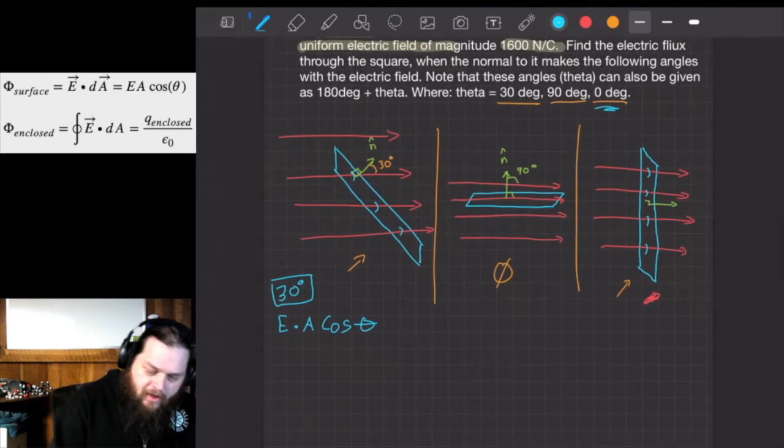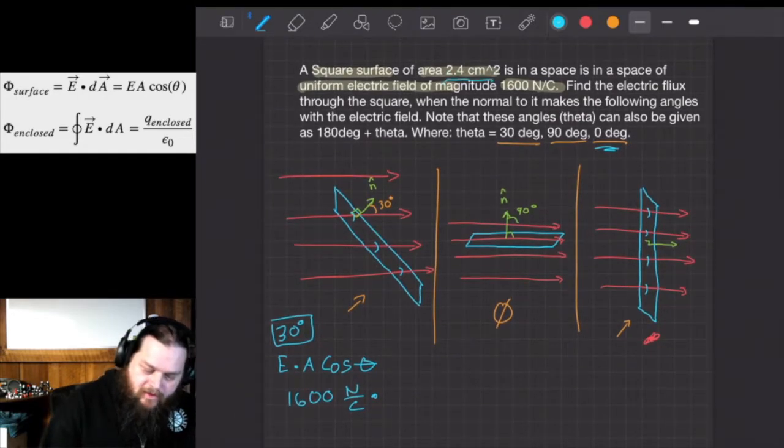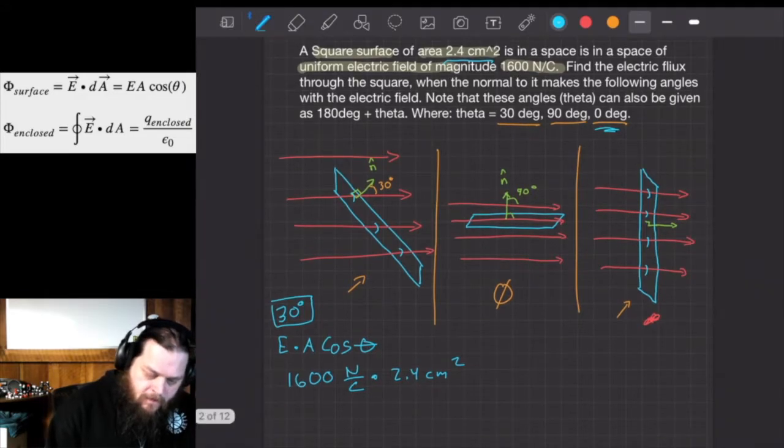If we plug in our numbers, we know our electric field is equal to 1600 newtons per coulomb, and the area is 2.4 centimeters squared. Then we just have to do times cosine of 30.